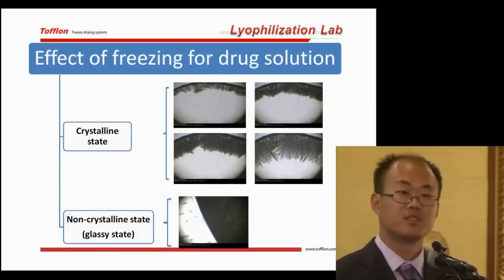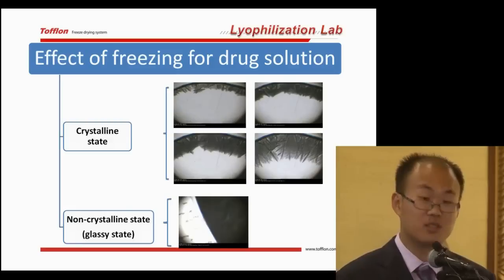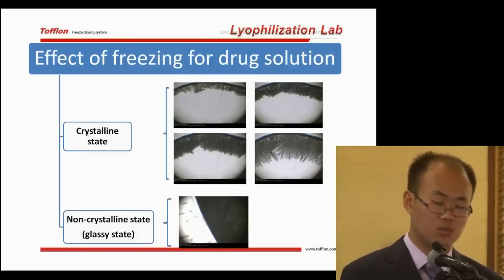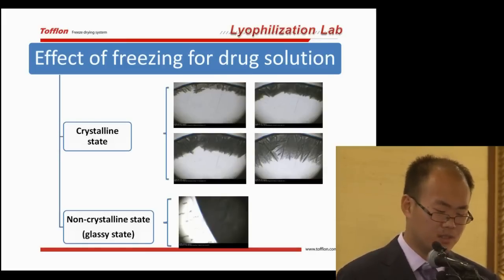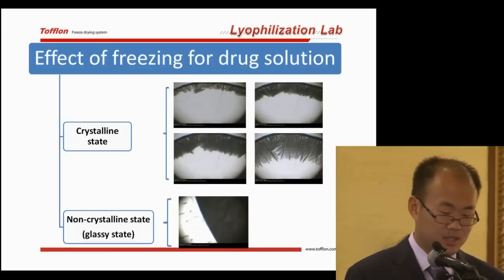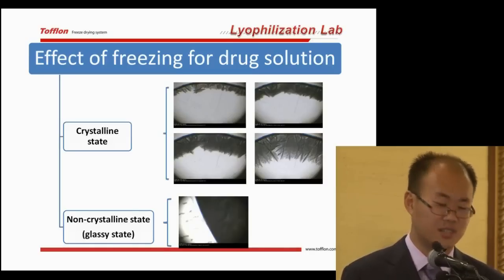For example, for the crystalline state, take sodium chloride, just the salt. When we decrease the temperature, the sodium chloride solution will become crystalline state. Now please see these four pictures on the right. Now the structure is the crystalline structure. It's very clear.